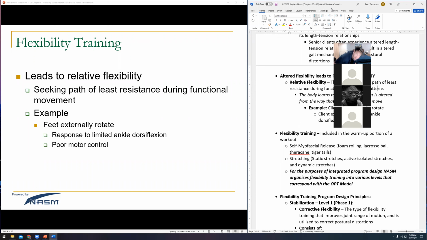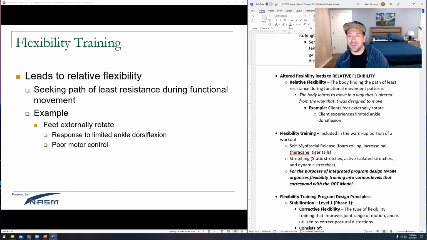I'm fooling myself and fooling everybody else with the illusion that I raised my arms perpendicular to my ears. But in reality, I just arched my back a little bit. I changed the angle of my head and my arms together without really having to take any extra stretch on my lat. So what I did when I did that is called relative flexibility.